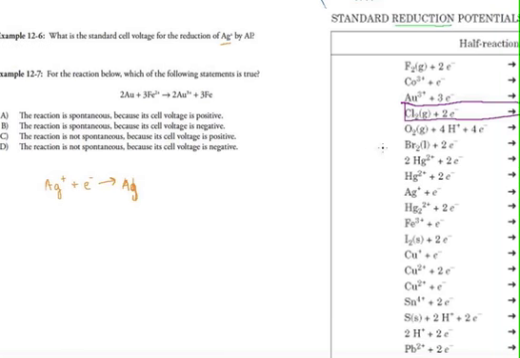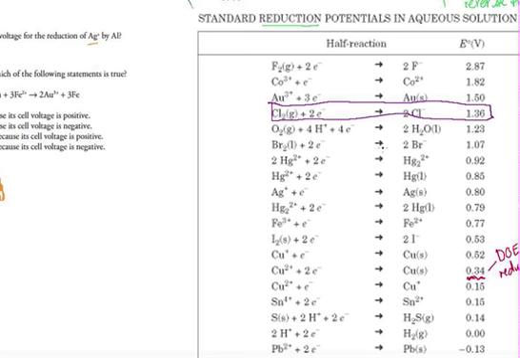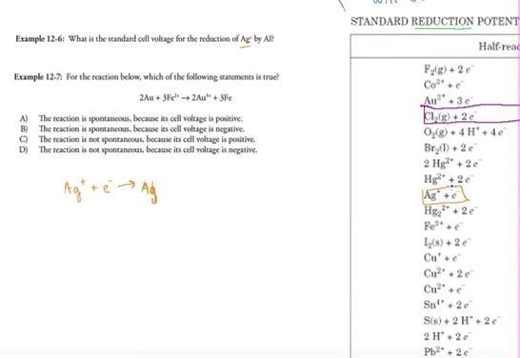And if we look at our little chart here, we see, aha, in that case, that would be an energy of 0.8. So the reduction potential would be 0.8.